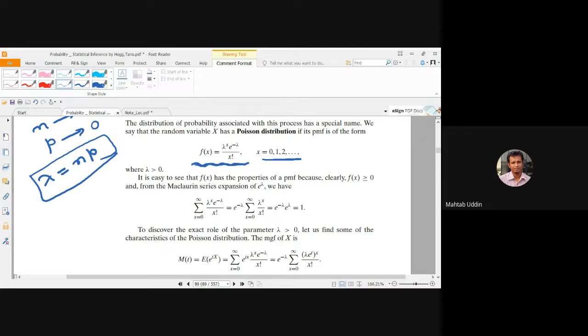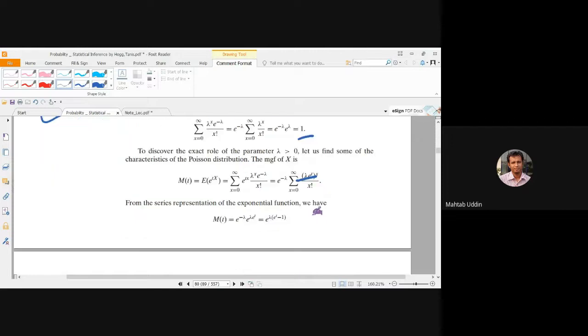In the same manner, maybe today we'll not get a chance to do the maths. We'll see the basics. Moment generating function is E of e to the power tX, and e to the power tx times f(x) is lambda to the power x, e to the power minus lambda, over x factorial.